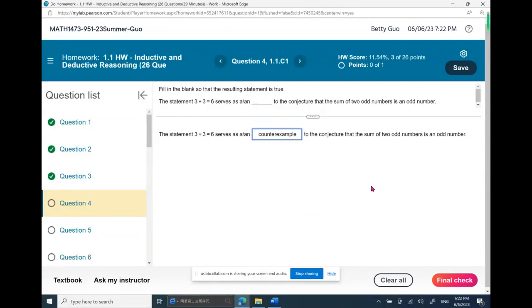The conjecture assumes any two odd numbers add up to an odd number. For example, 3 and 3 actually is a false statement, obviously. So we can easily find a counterexample. 3 plus 3. 3 is odd, 3 is odd. Add up together, we got an even number. So this is a counterexample.